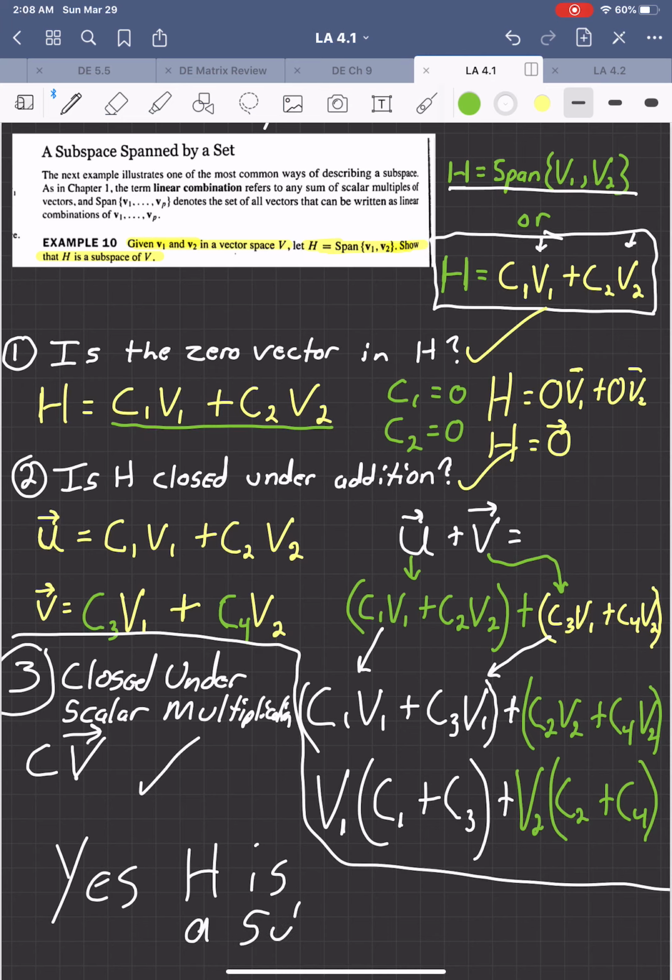Now, you have to be explicit when you say H is a subspace. It's not implied what it's a subspace of. So of what? In this case, V. What it's a subspace of is important when you make the statement that H is a subspace.